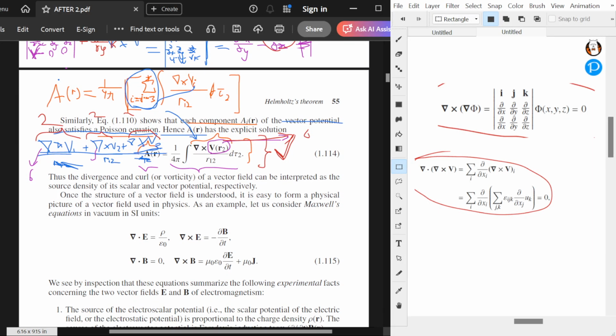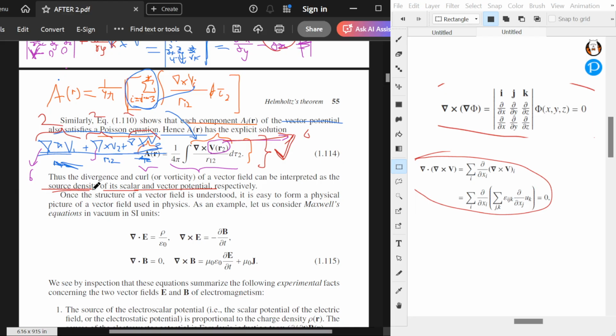Thus the divergence and curl of a vector field, the divergence and vorticity of a vector field, can be interpreted as the source density of its scalar and vector potential. Source density. What does that even mean?